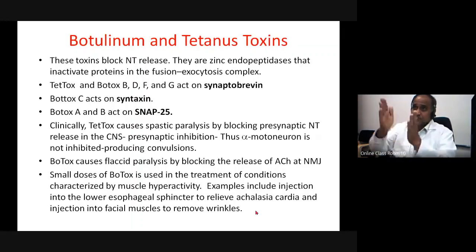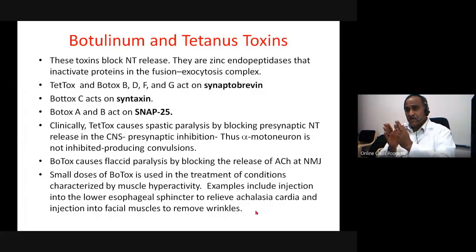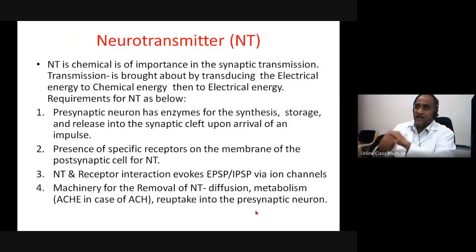So this is about Botox. I mentioned it because it may be a question: the difference between botulinum toxin and tetanus toxin, and the uses of Botox. I have just mentioned the uses here. Now, going back, what is the neurotransmitter? Going further, the neurotransmitter.